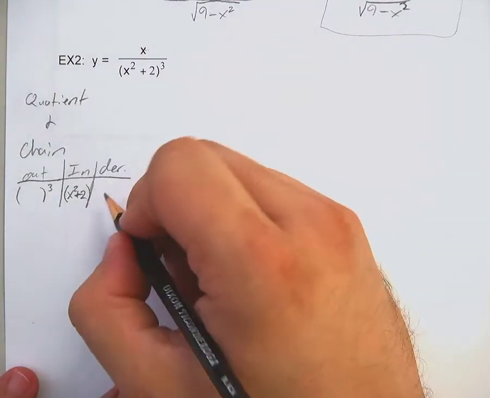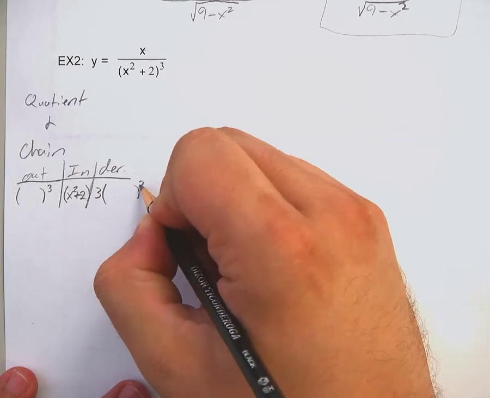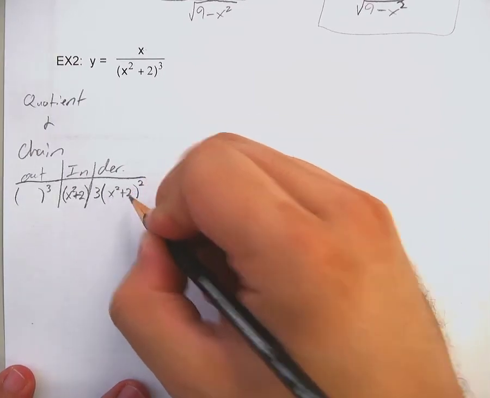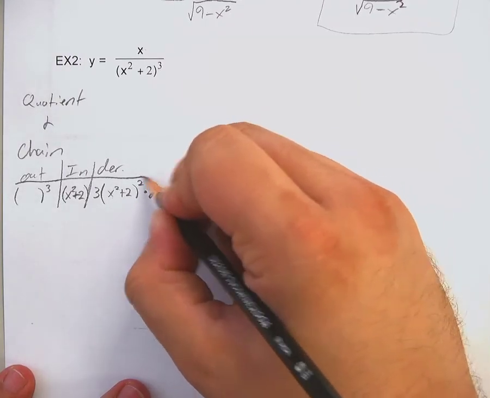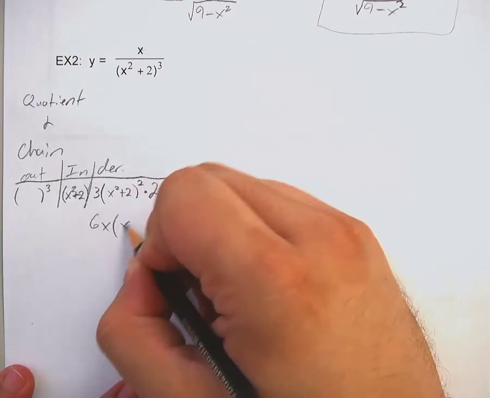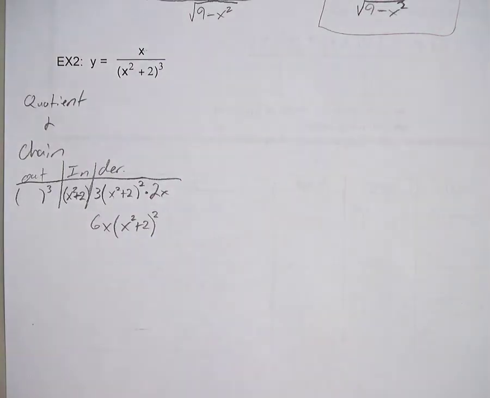The derivative is the derivative of the outside, 3 times x squared plus 2 squared, still on the inside there, times the derivative of the inside, 2x, which is 6x times x squared plus 2 squared. Right?